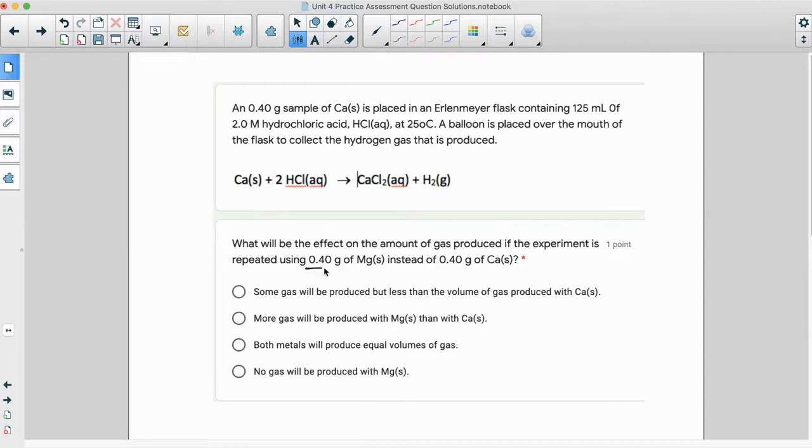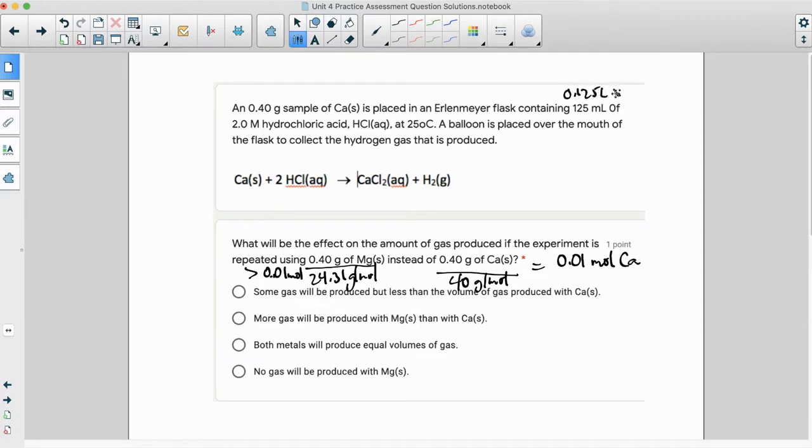So if we divide these by their molar masses, we'll get the moles of these things so that we can take a look at the balanced reaction. This is 0.01 moles of calcium, and this is some amount that's greater, I'll just say greater than 0.01 moles. So more than that.